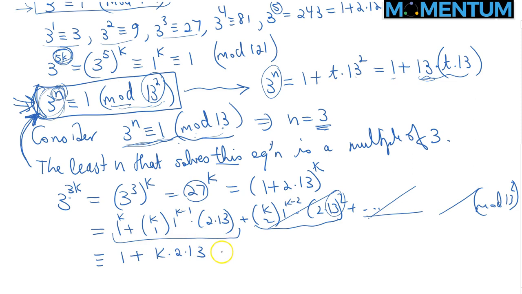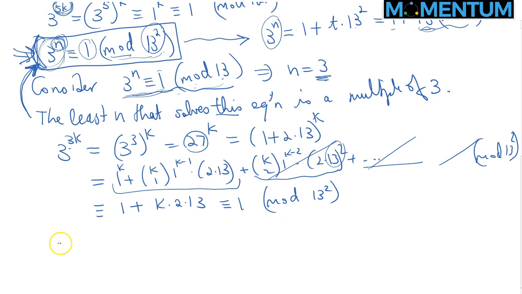That's it. And we want this expression to be congruent to 1 in mod 13 square, or 169. That's easy to solve. The ones here vanish. So we have k times 2 times 13 congruent to 0 in mod 169, or 13 square.